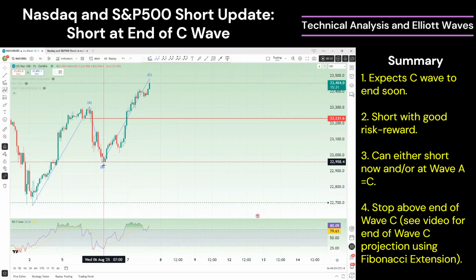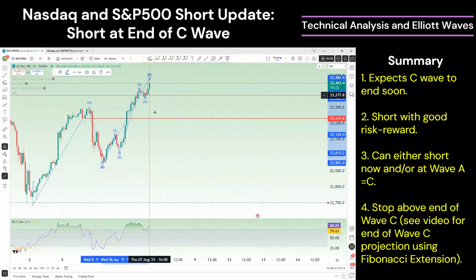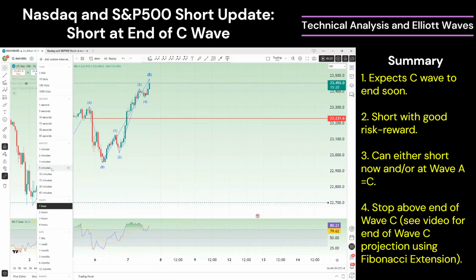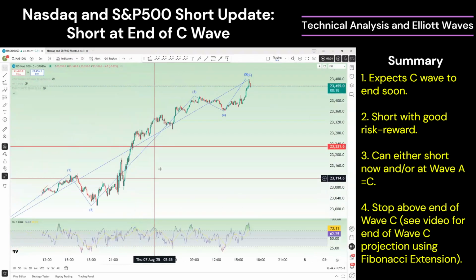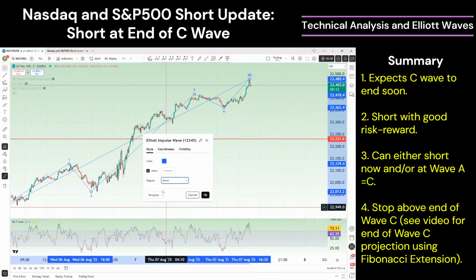So what I'm trying to say here is that this is a wave 1, 2, this is likely a 3, 4, and a 5 here, where 5 is the shortest wave. Okay, let me just reduce this to 1 degree lower.